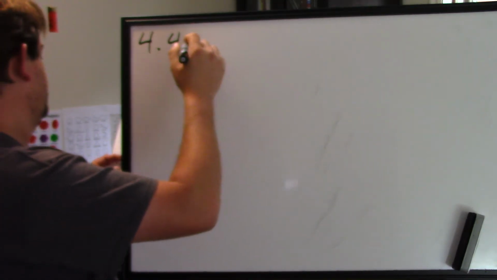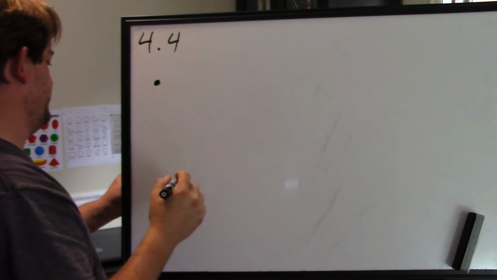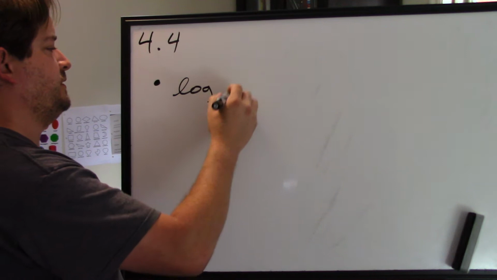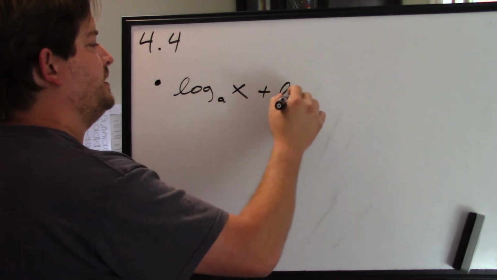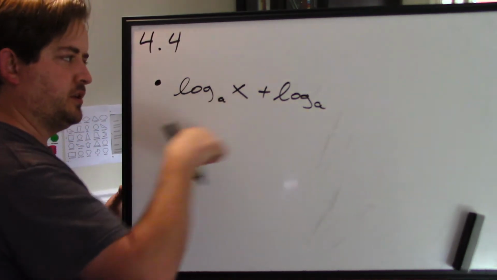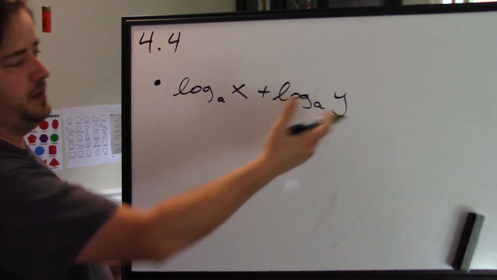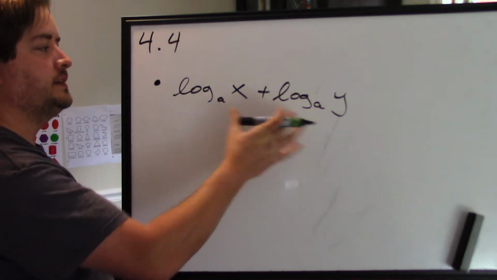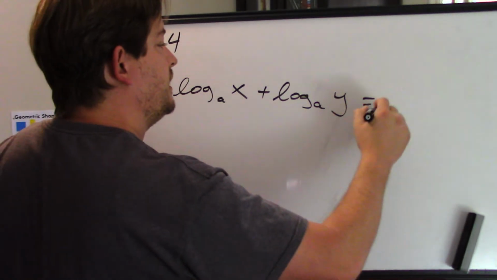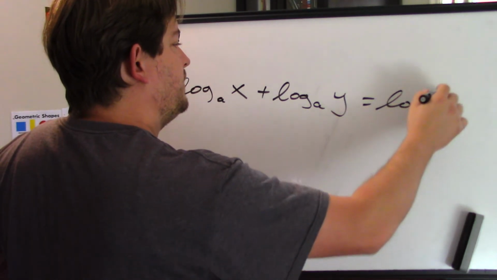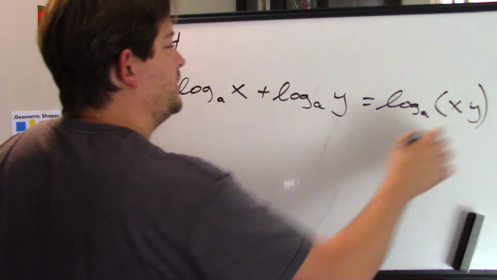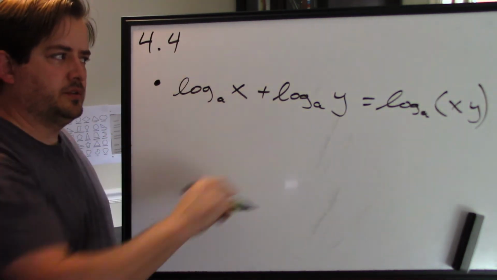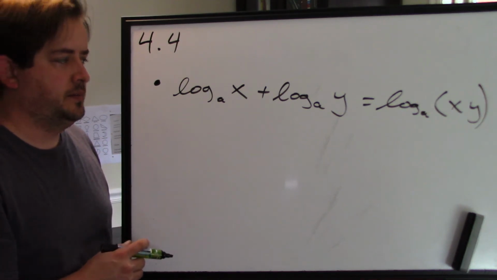Let's take a look at one law here that says if I have the log base a of something added to the log with the same base, it has to be the same base or this doesn't work, but if I have the sum of two logs with the same base, I can call that a single log, with that base, of the product of those two things inside the log. So the log base a of x plus the log base a of y is equal to the log base a of x times y.